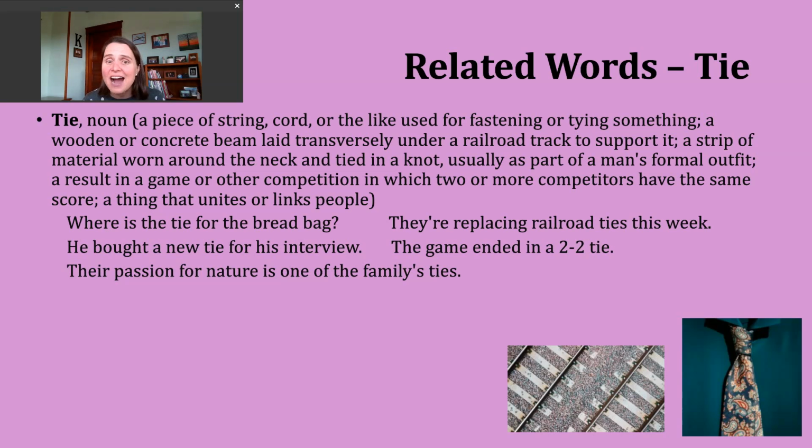I'm going to talk about 5 that I think you're more likely to see or hear, as it may be. So the first way the noun tie gets used is to refer to any piece of string or cord that you use to secure or fasten something.